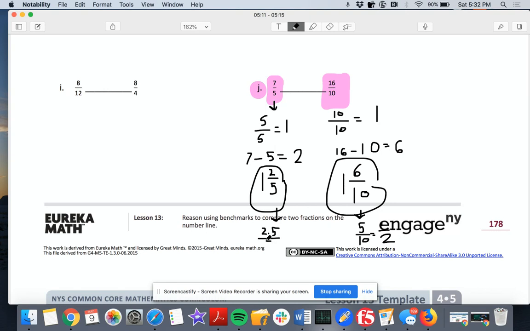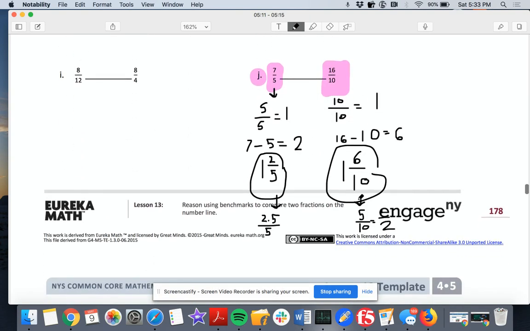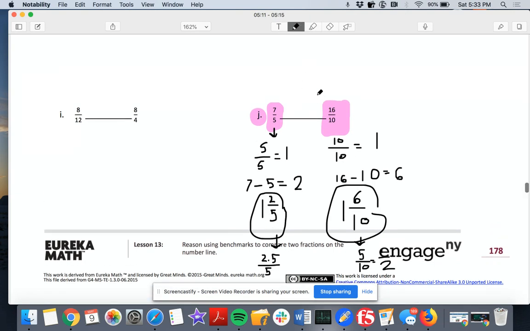Okay, and that would equal that 1/2 mark. And I can see, using the same trick as above, that 6 is greater than 5, and 2 is smaller than 2.5. So that means that this 16 over 10 must be larger than this 7 over 5.